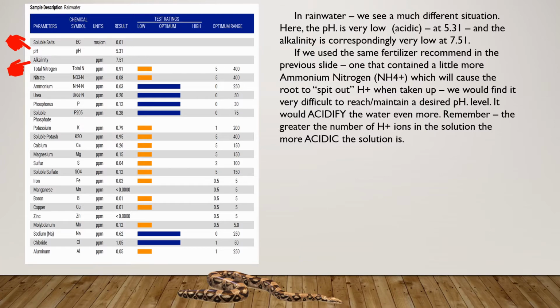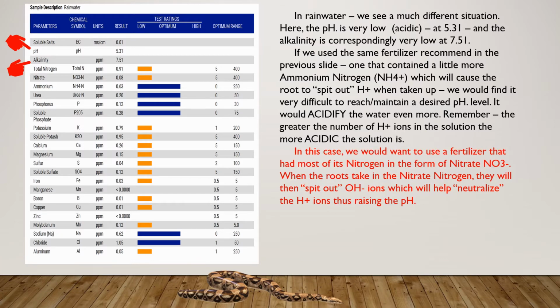So instead of using an ammonium nitrogen form, what we would want to do is use a nitrate form, which is the NO3 form, so that when the roots took up that nitrate and then spit out the OH, the hydroxide, that spitting out of the OH would neutralize hydrogen ions on the outside and thus raise the pH, which is what we were looking for.